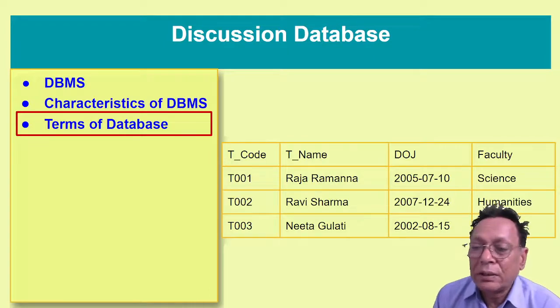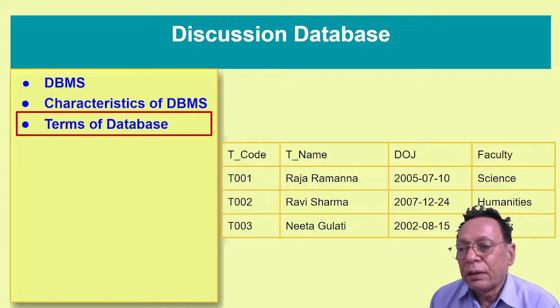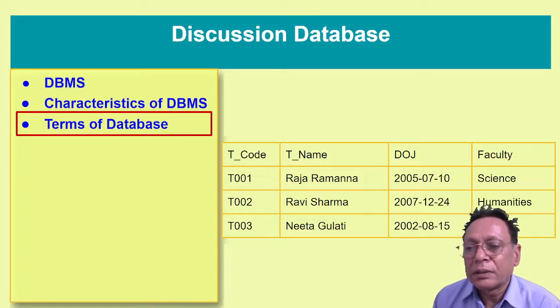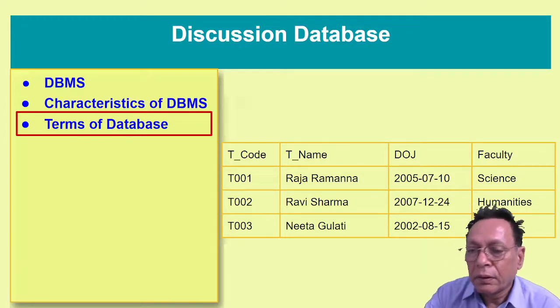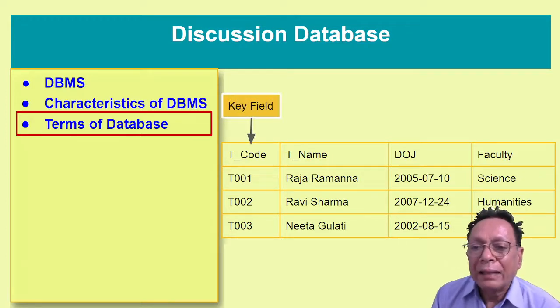In other words, you can term them as attributes, or the column, or the field. So T code is a field, T name is a field, DOJ is a field, faculty is a field. In other words, they are the columns. And this is the key field.